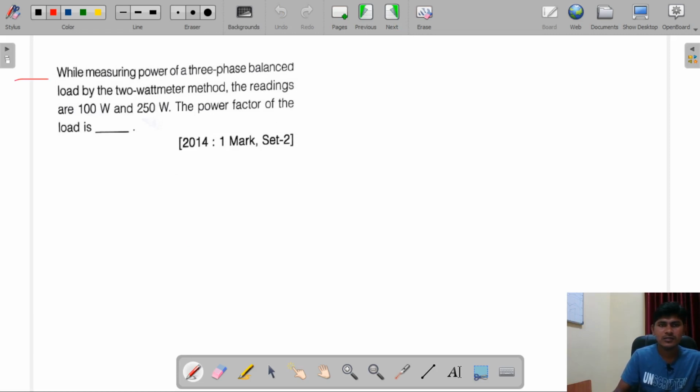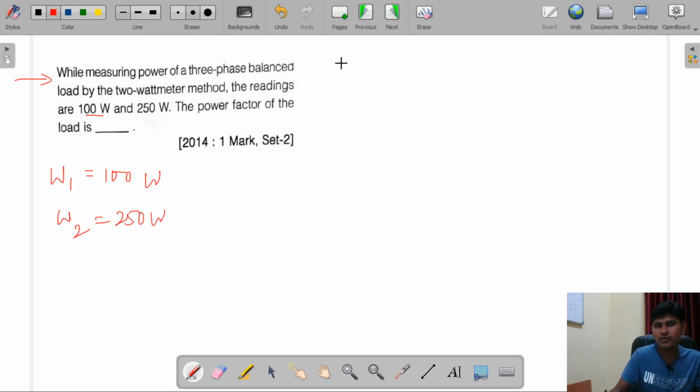Next, while measuring the power of a three-phase balanced load by the 2 wattmeter method, the readings of the wattmeters are given, and we need the power factor of the load. Okay, you take W1 equal to 100 watts, W2 equal to 250 watts.